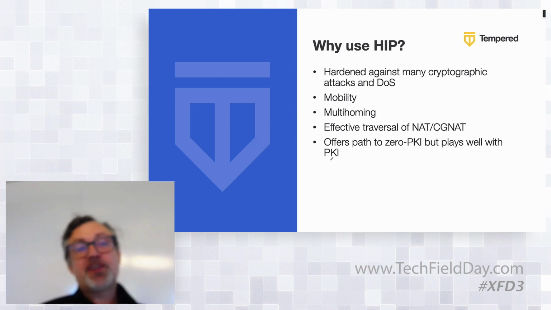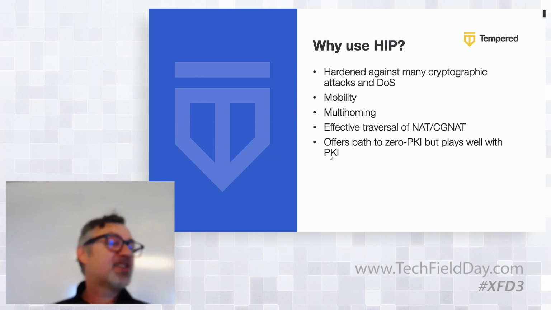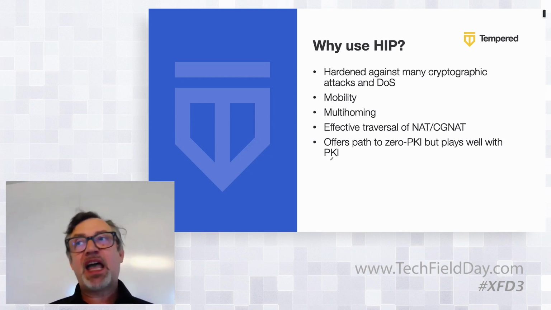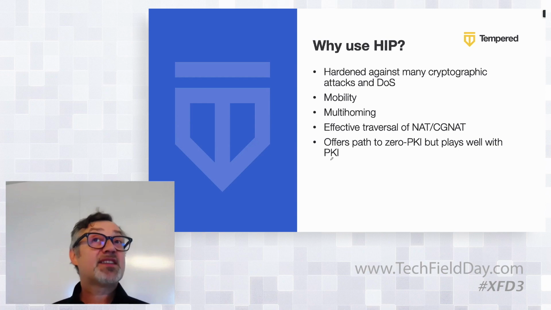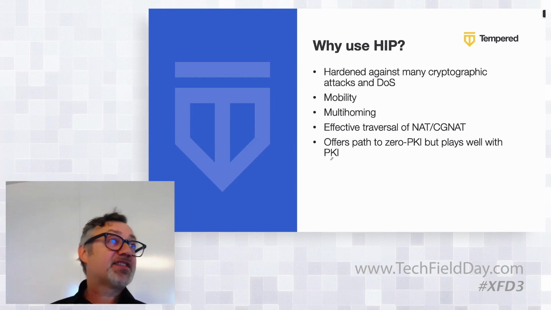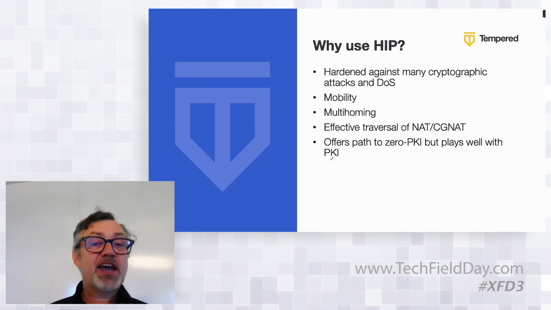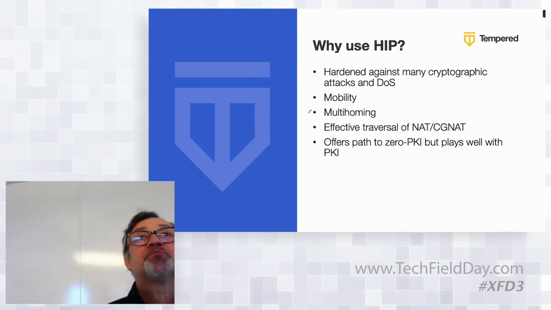What we also like about HIP is that even though it does not have any reliance on public key infrastructure and certificates, it does play really nicely along. So if you'd like to have those kinds of things, you can, and HIP will work with it.